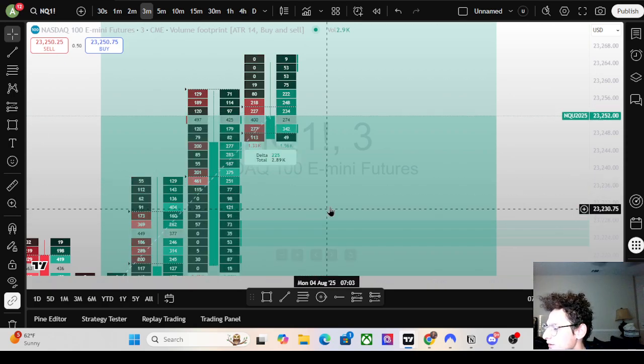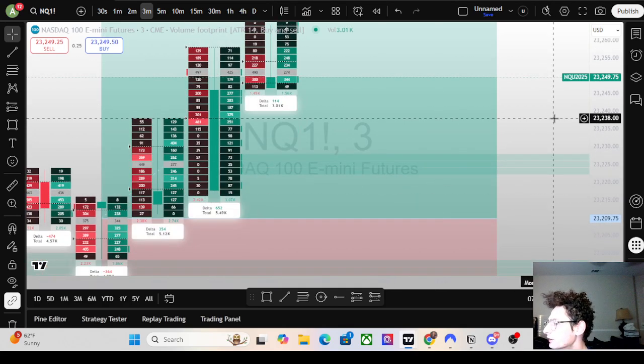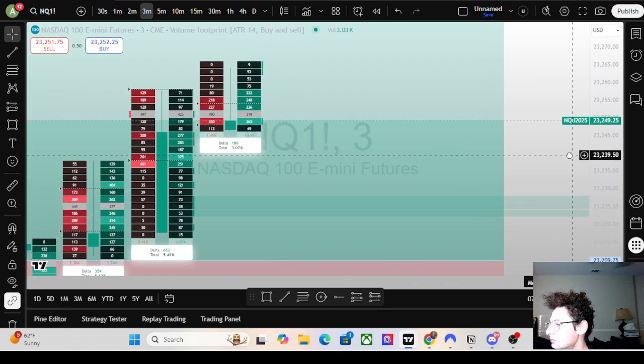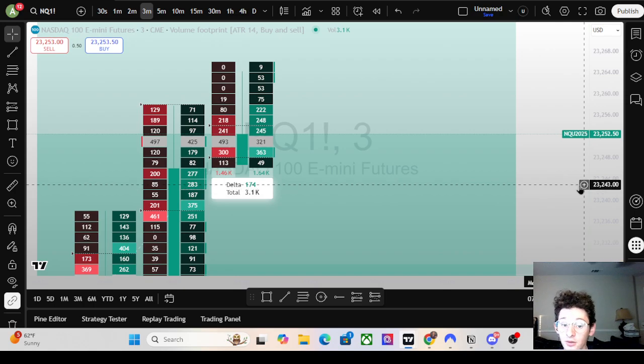I just realized this is like a 6R trade. Yeah, that's something. I would love to see this hit. I'm not gonna hold you. I would love to see something like this hit.